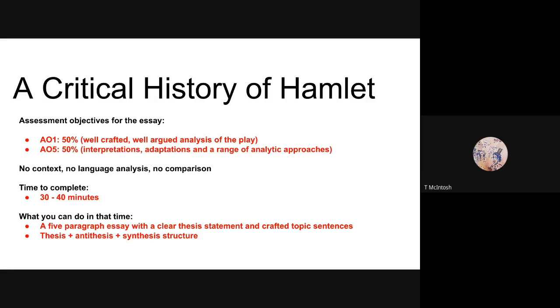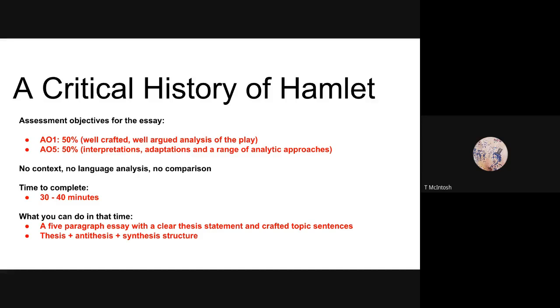So it doesn't just mean here's a Freudian interpretation, here's a feminist interpretation, here's Kenneth Branagh's play. It can also be just showing that things are open to a range of interpretations. But as we'll see when we're looking at our two full marker examples that students did in 2018, there is some of that.